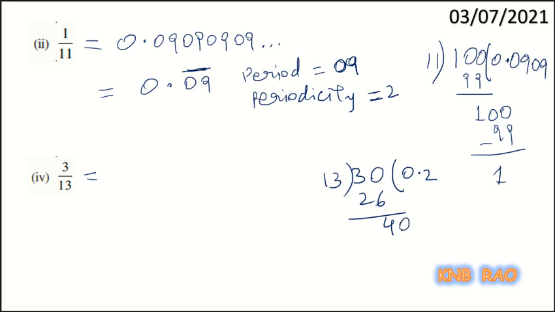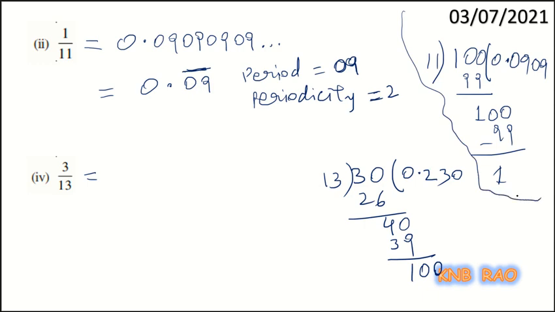Now, 4 0, if I take first 0, it becomes 40. So, 13 threes is 39, where 1 is the remainder. Now, when I take first time 0, this 10 is still less than 13. So, I have to take 1 0 here and make one more time here 0.